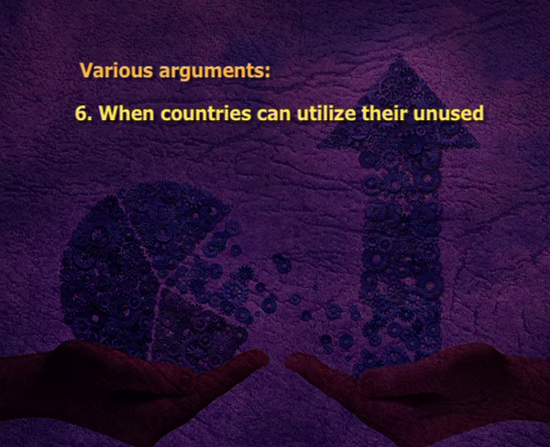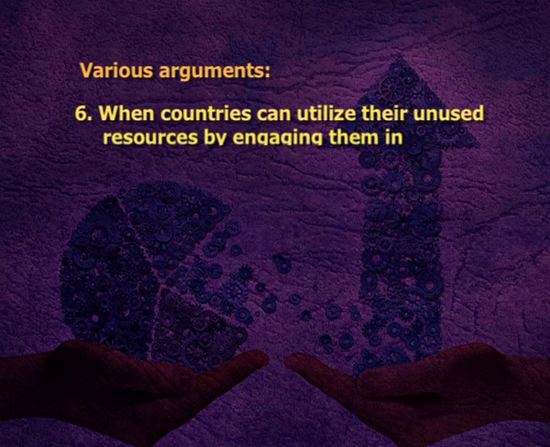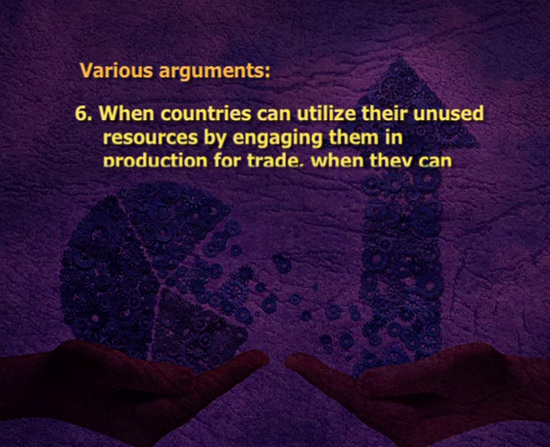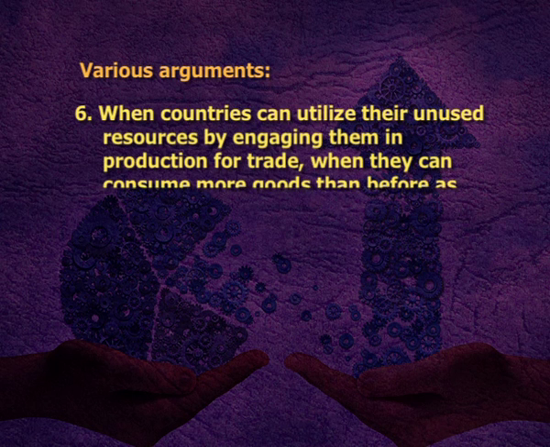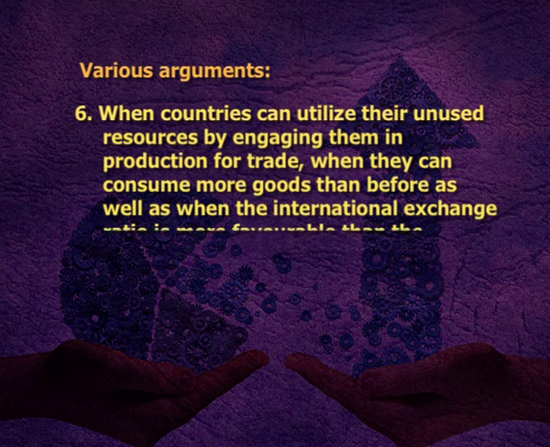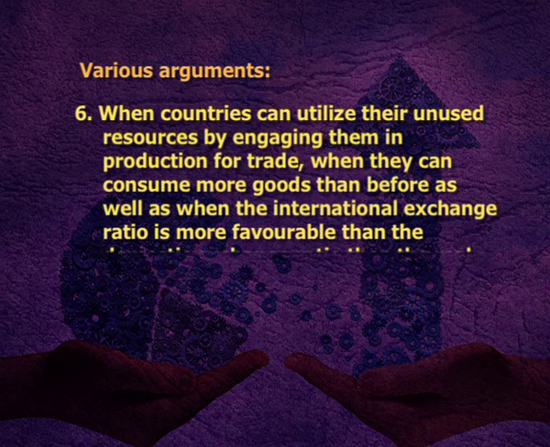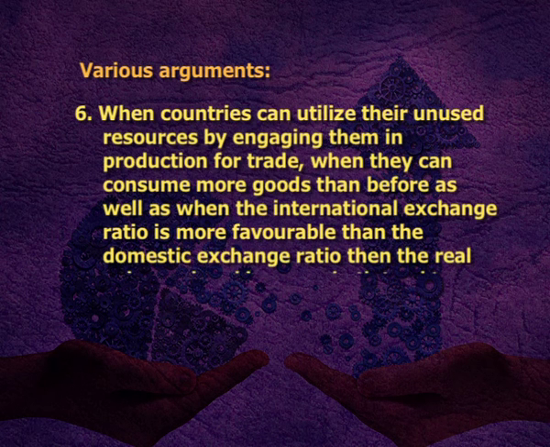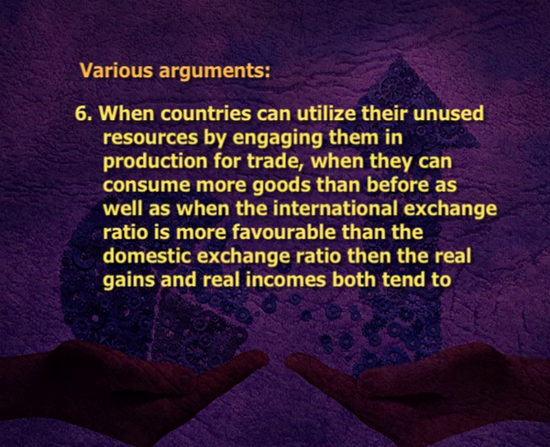Sixth, when countries can utilize their unused resources by engaging them in production for trade, they can consume more goods than before, and when the international exchange ratio is more favorable than the domestic exchange ratio, then the real gains and real incomes both tend to increase.